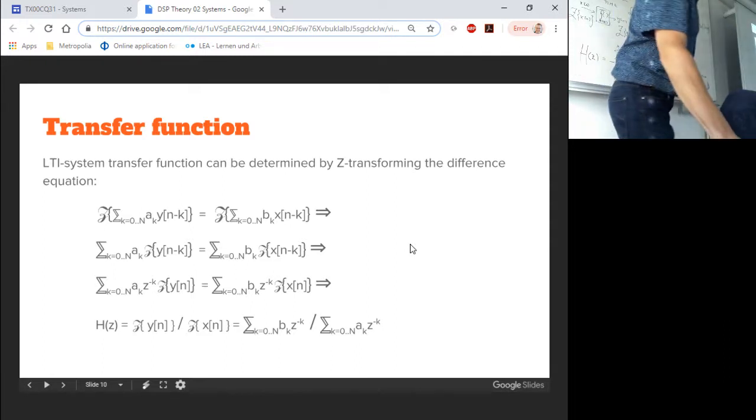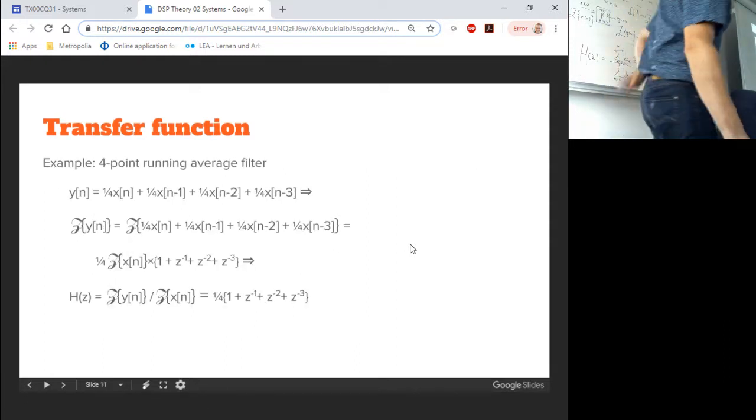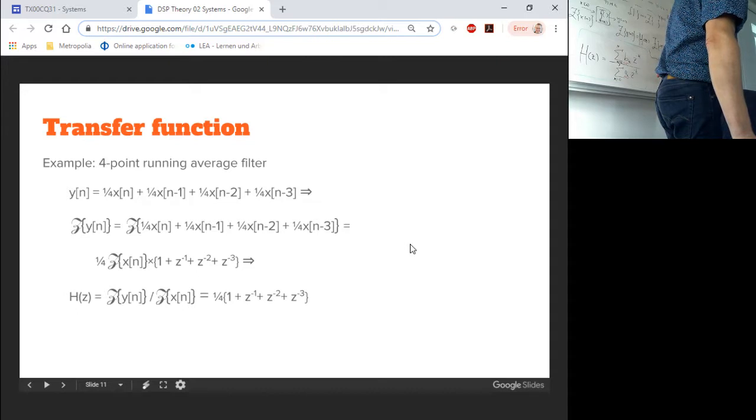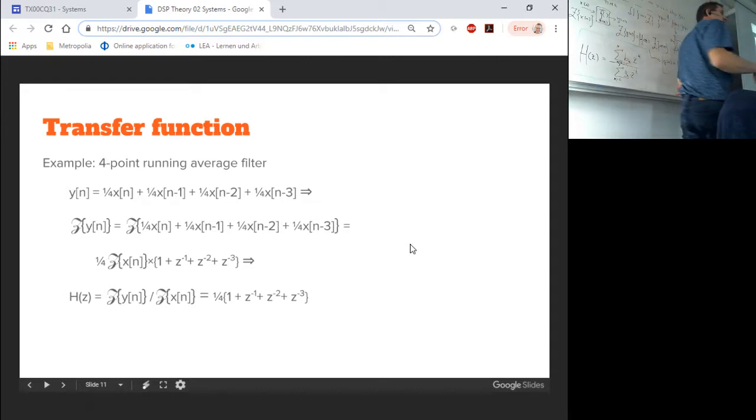Okay, good. 4-point running average filter. Again, we had the same coefficients for the difference equation and the transfer function.